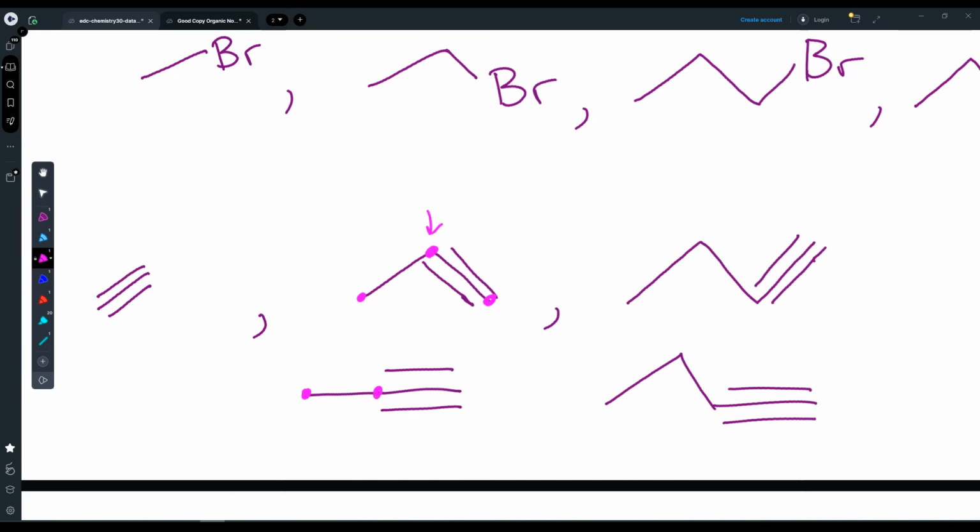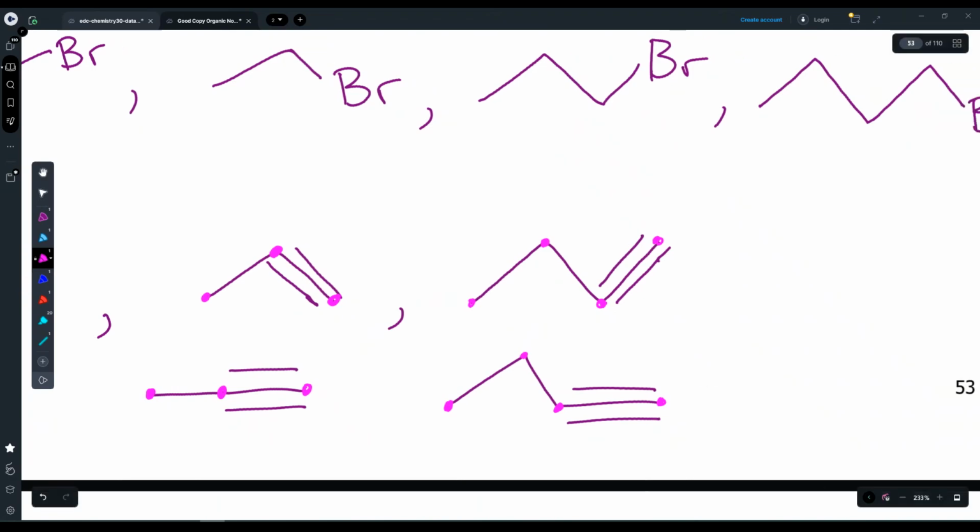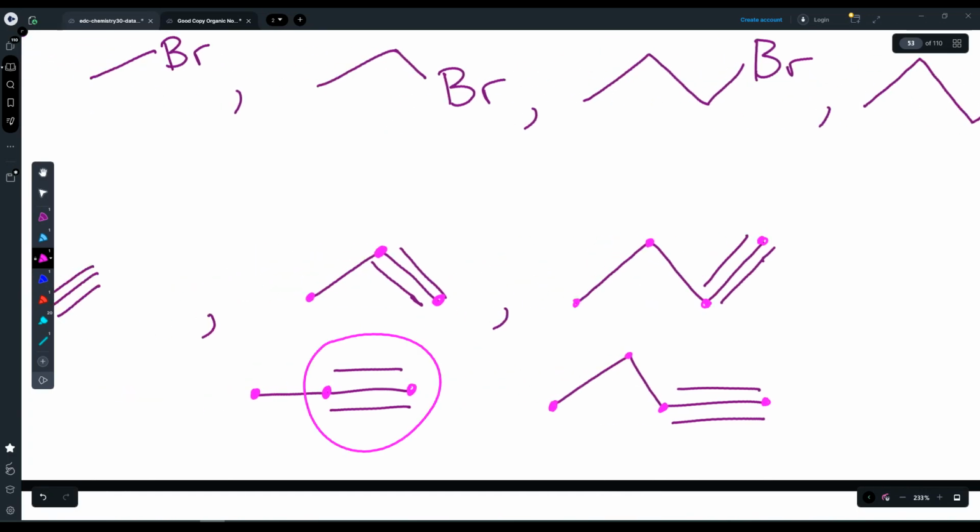This carbon would be right here, and then this carbon would be right there. Okay, same for this other diagram. So these are the same carbon, these are the same carbon, these are the same carbon, and these are the same carbon. So oftentimes what I'm just trying to say here is students have a bit harder time when triple bonds are involved and the line just kind of keeps on going straight. It's a little bit more difficult.